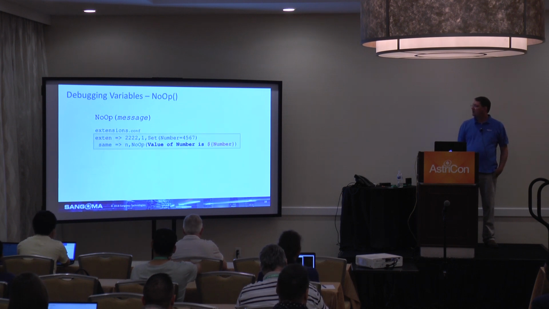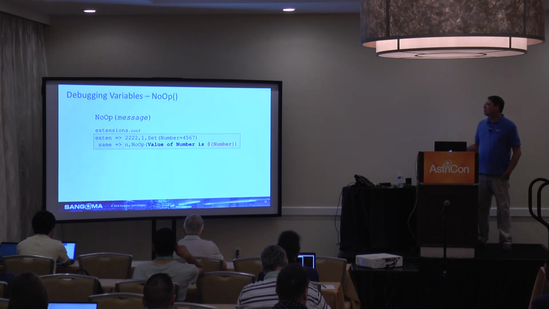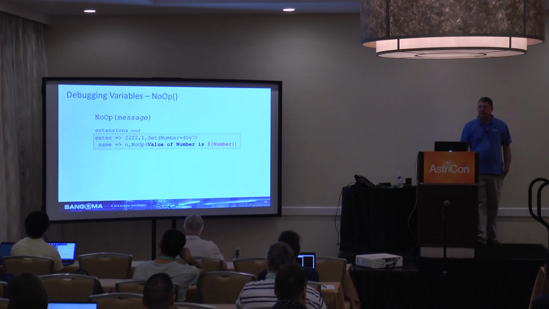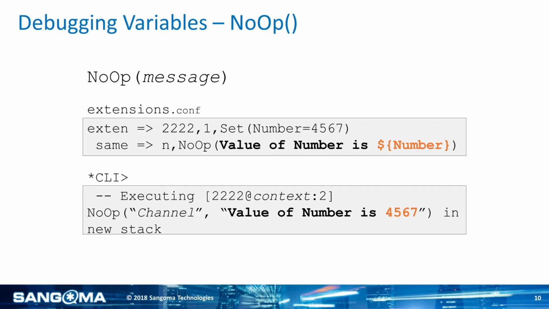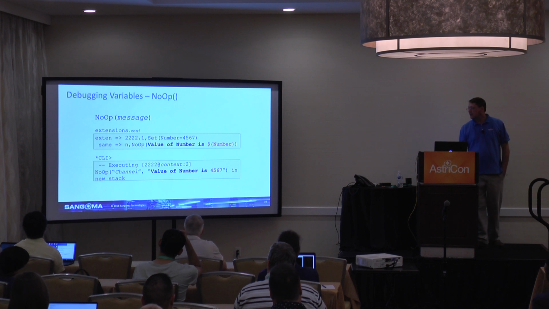And in this case, it would print out the value of number is, and since we defined number equal to 4567, it would say the value of number is 4567 because it's dereferencing that channel variable we set. And there's an example of the CLI actually printing it out.